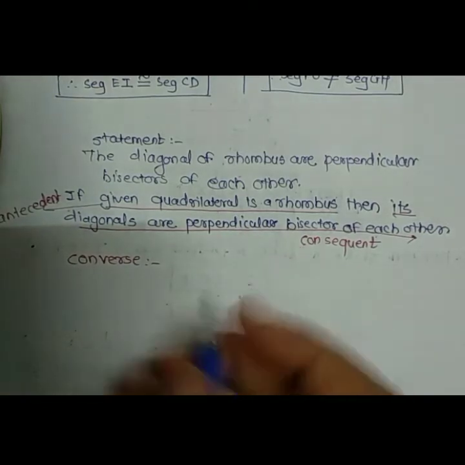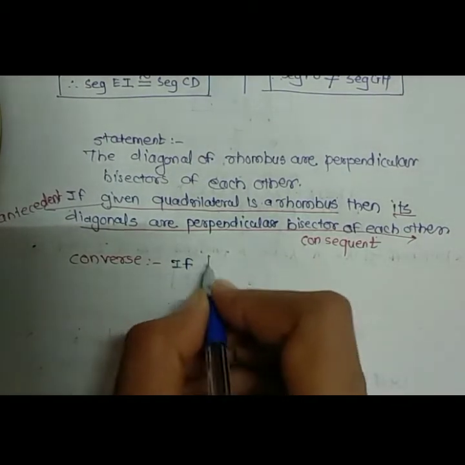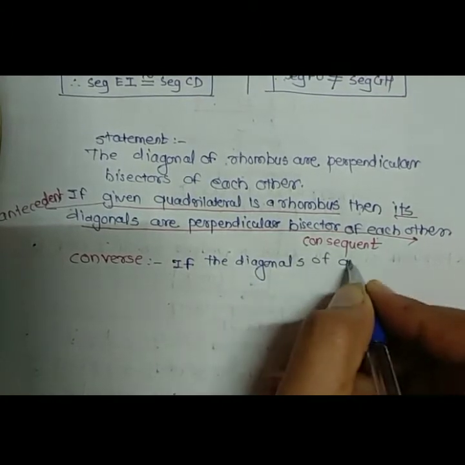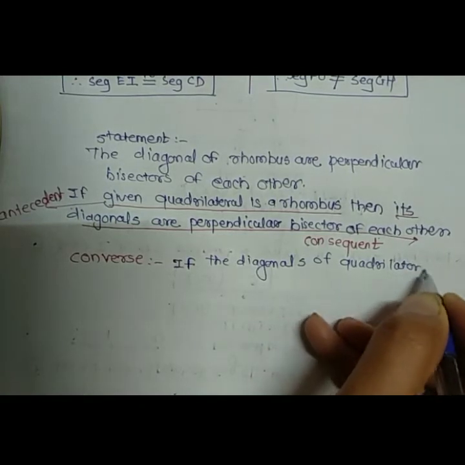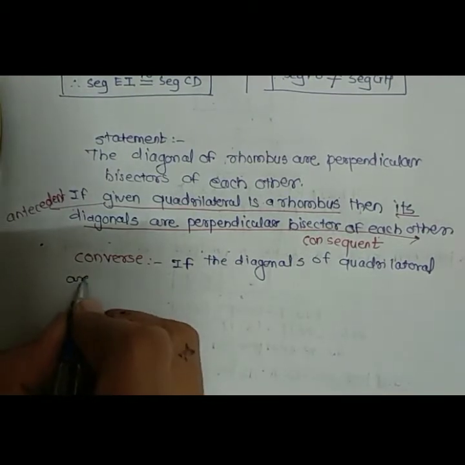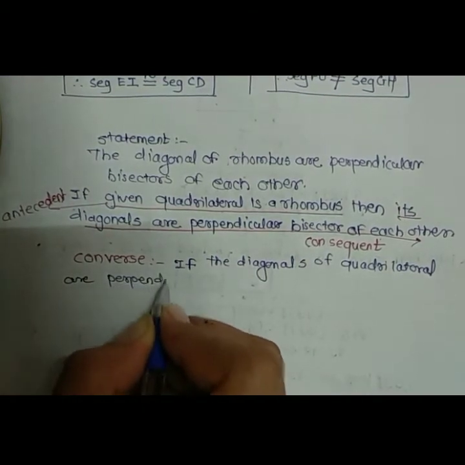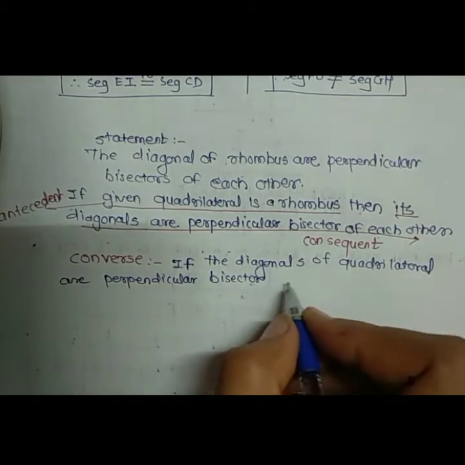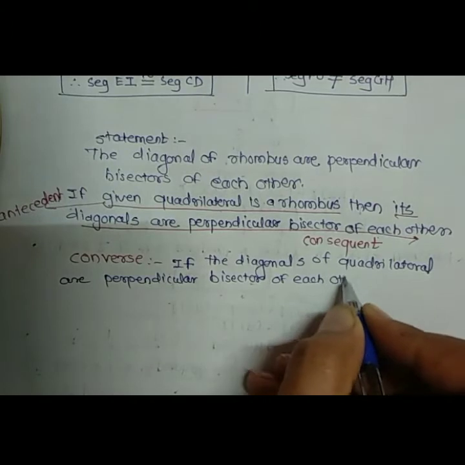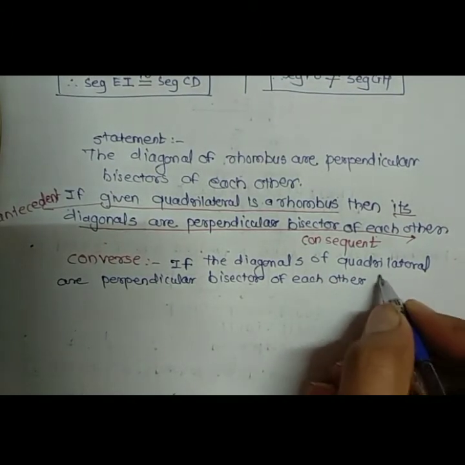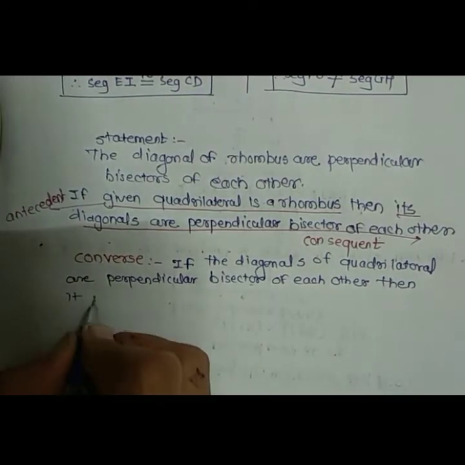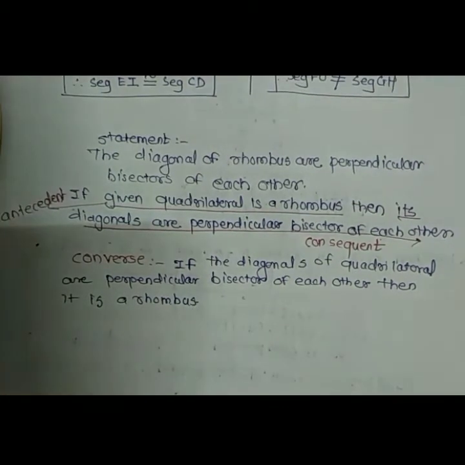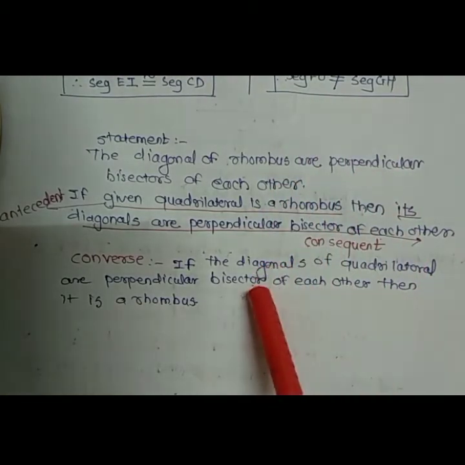The converse is, if the diagonals of a quadrilateral are perpendicular bisector of each other, then it is a rhombus. In this example, the statement and its converse are true.